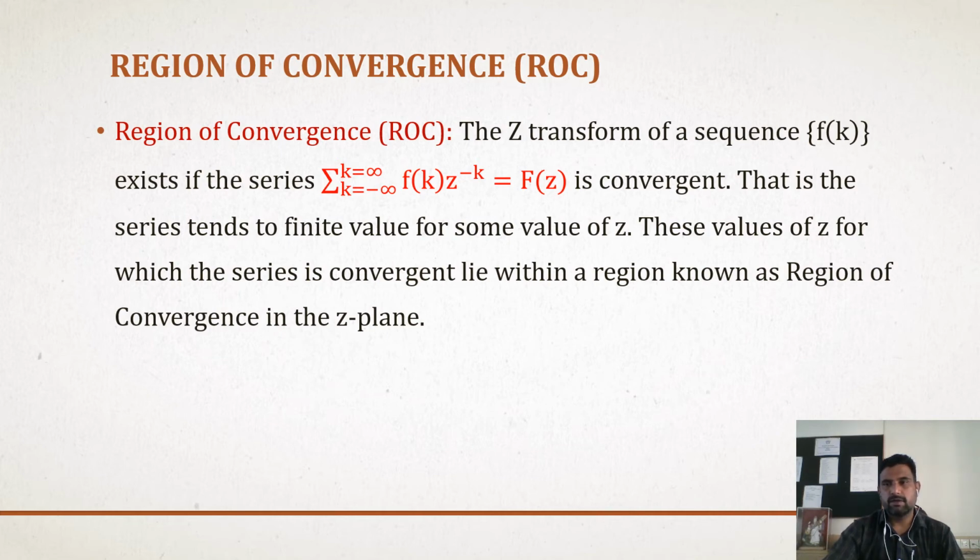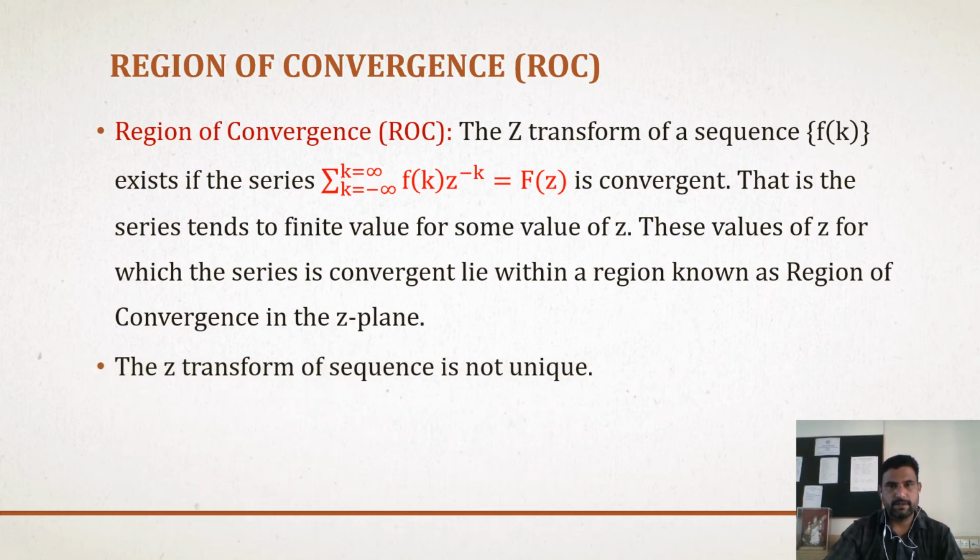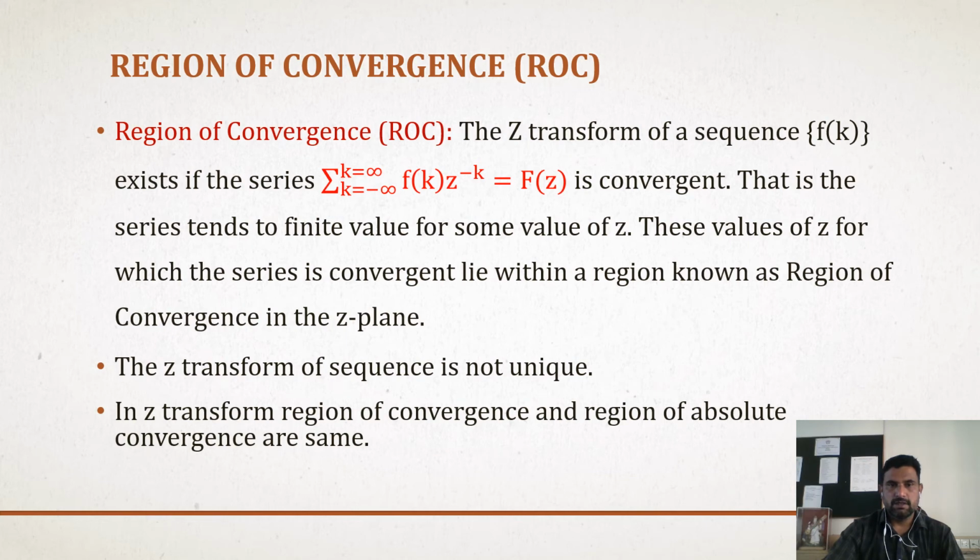These values of z for which the series is convergent lie within a region known as region of convergence in z plane. The z transform of a sequence is not unique. In z transform, region of convergence and region of absolute convergence are the same.